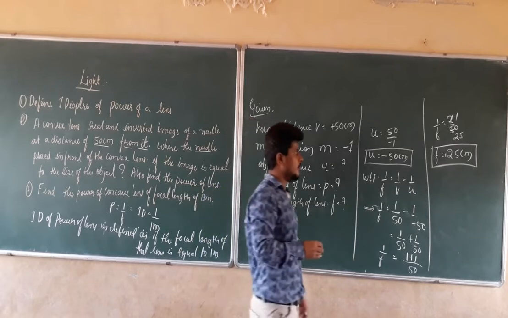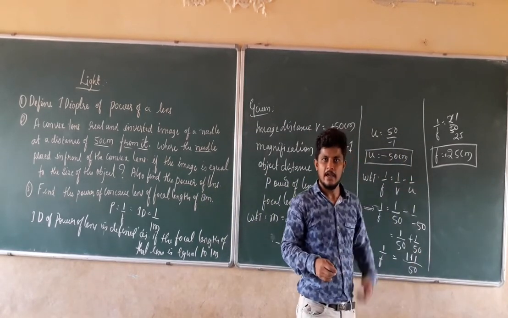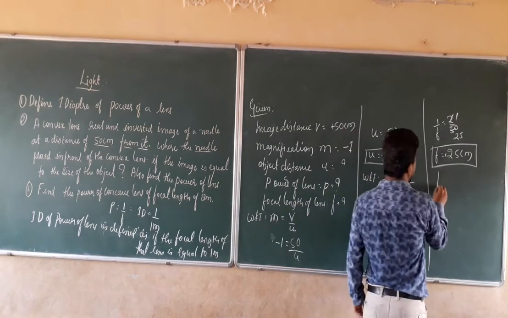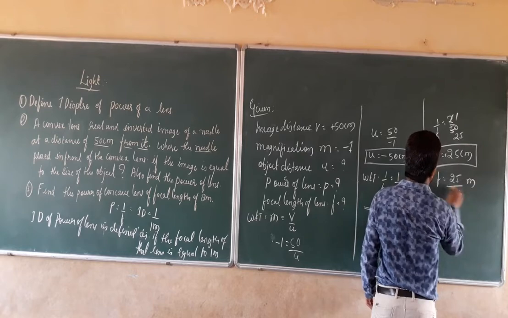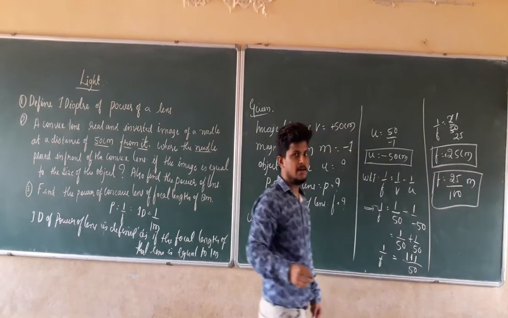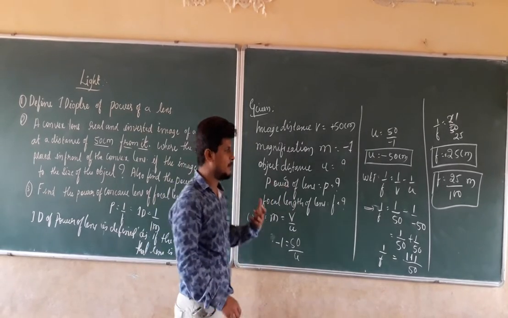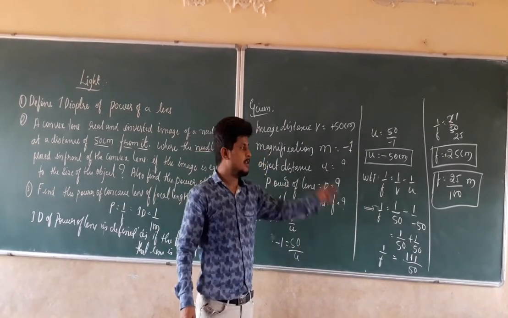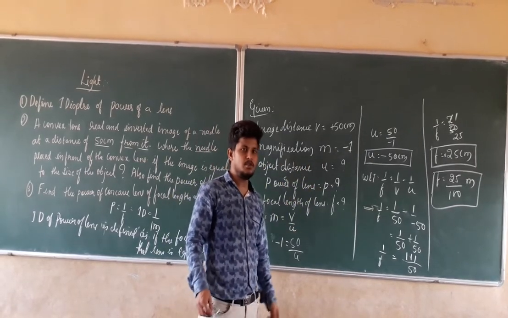Now 25 centimeters can be written in meters as f equal to 25 divided by 100 meters. Why? We have to find out the power of the lens, and to find the power of the lens the focal length should be in meters only, so we convert the focal length into meters.